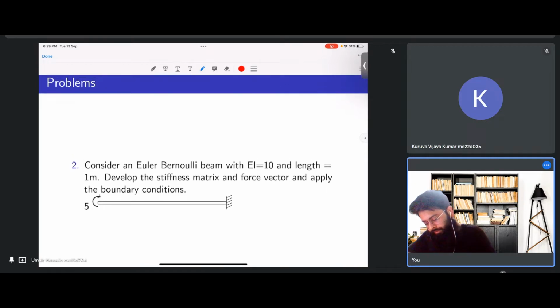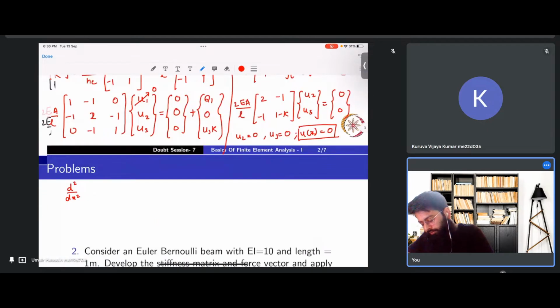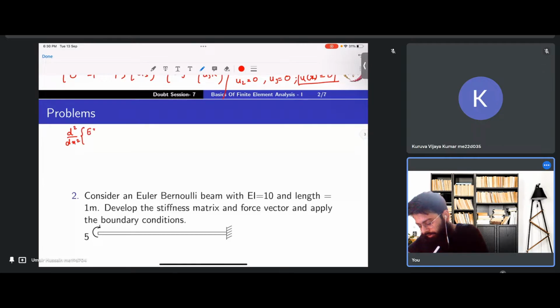So we'll just consider one element here. First of all, the governing equation for this problem is given. Okay, so do we know the boundary conditions?